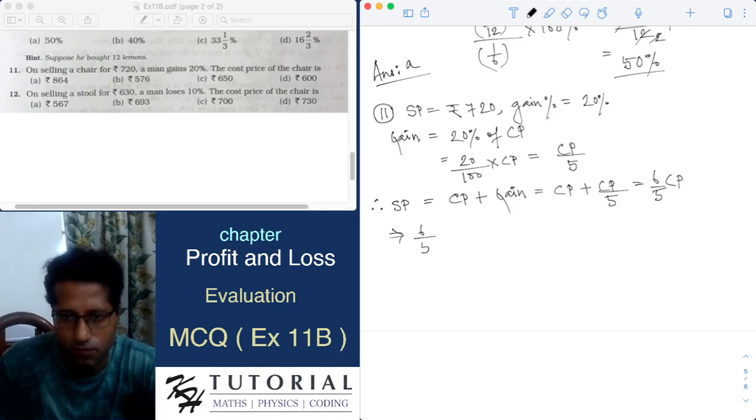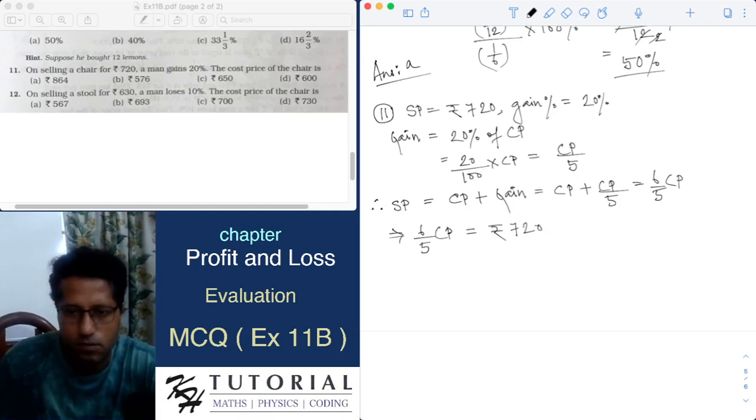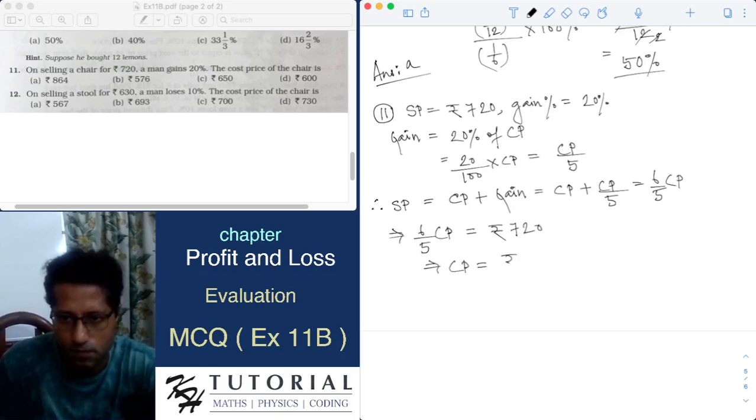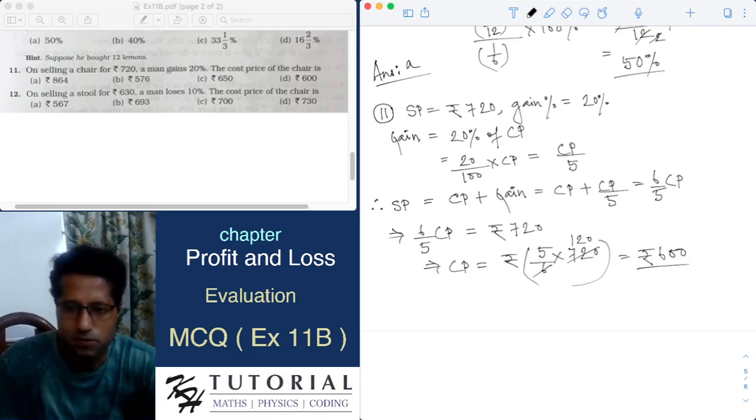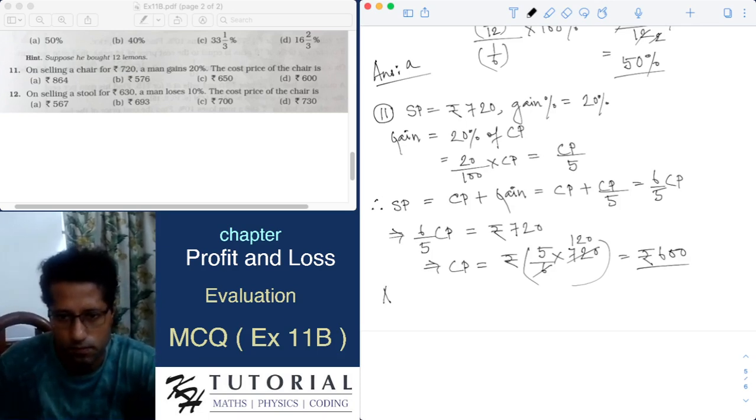So we can say 6 by 5 CP equals rupees 720. So this implies CP equals rupees 5 by 6 multiplied by 720. So this is 120 and this is rupees 600. So the answer is choice D.